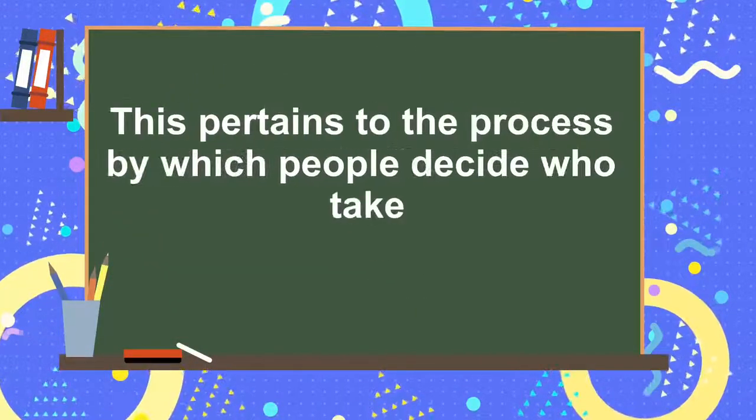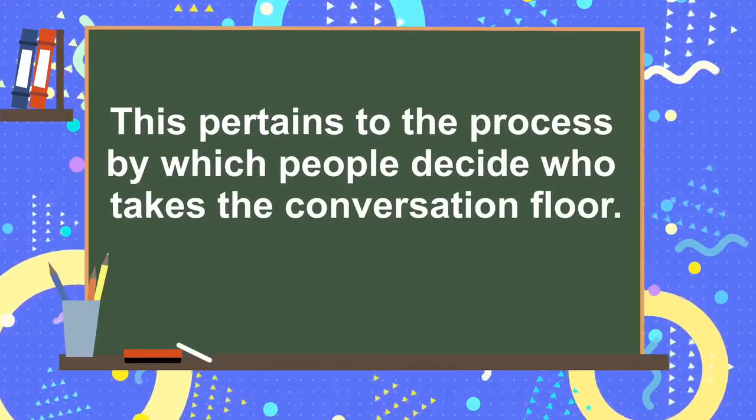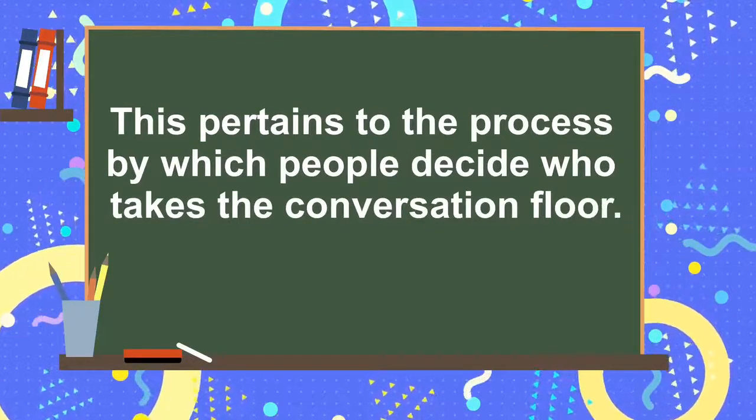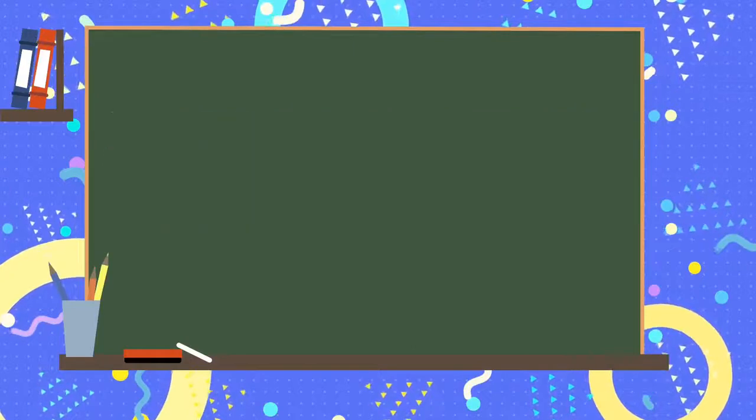This pertains to the process by which people decide who takes the conversation floor. There is a code of behavior behind establishing and nourishing a productive conversation. But the primary idea is to give all the communicators a chance to speak.